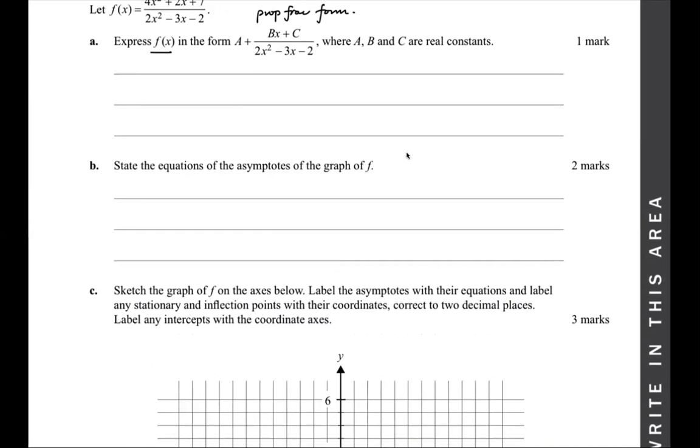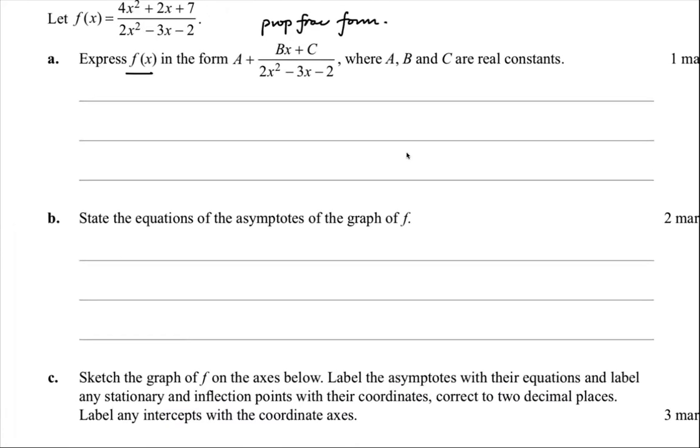Okay, now I probably want to go through the CAS calculator approaches, but that would be rather time consuming. So you can use prop frac and put this f of x in, okay? Before you do that, you should define f of x.